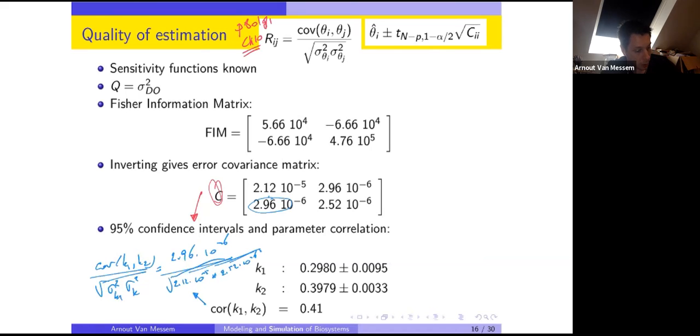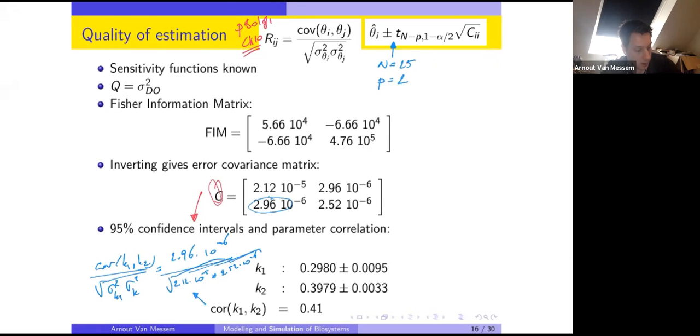And then for the confidence intervals, you have to use the formula with t quantiles. The additional information that you need for this, which is not given in the slides I saw, is that there are 25 observations, and we are looking at p equals 2 because you have a 2x2 covariance matrix, so you have two parameters which you are considering, K1 and K2.